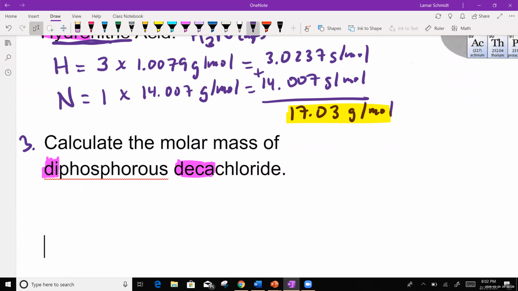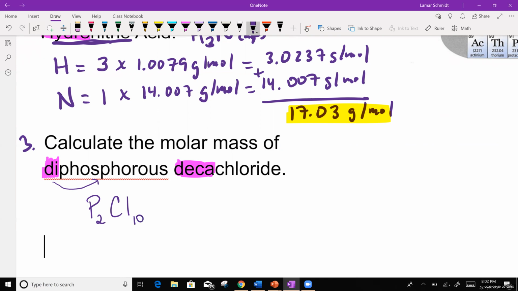You can't look at the charges. You only look at the prefixes. This di is on the word phosphorus because there are 2 phosphorus, di meaning 2. So that means there's 2 of them. This deca is right on the word chloride. So that deca meaning 10 means there are going to be 10 chloride.